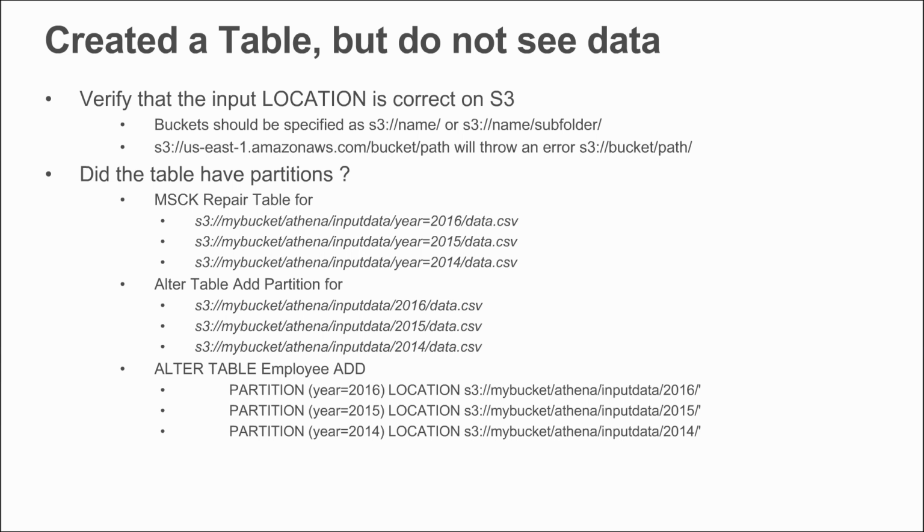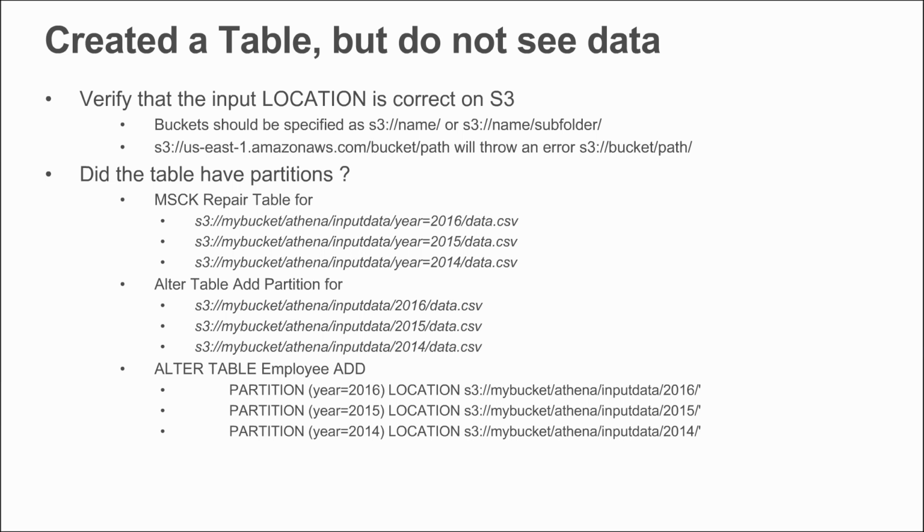Sometimes, for example, you saw me create a table on a PARQUET dataset, and I had to go and load all the partitions. So sometimes, if you're not seeing any results out of your tables, make sure that if you did define any partitions, did you go and run MSCK repair table? So if my data is in the format that's shown in the first example, S3 my bucket key and a value, for example, in this case, I have partitioned my data by year.